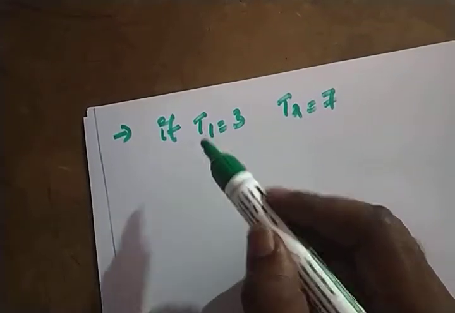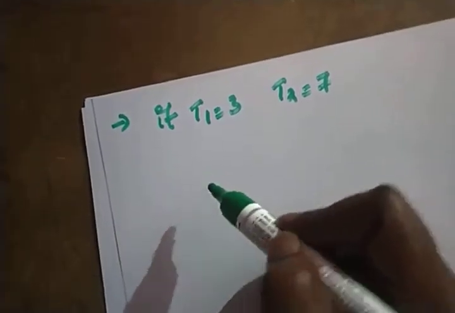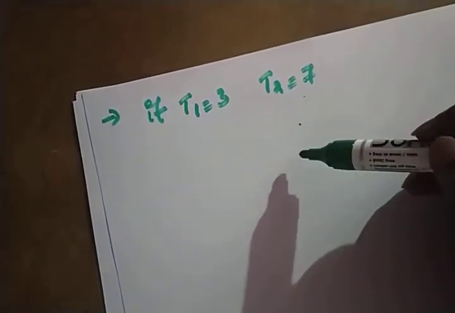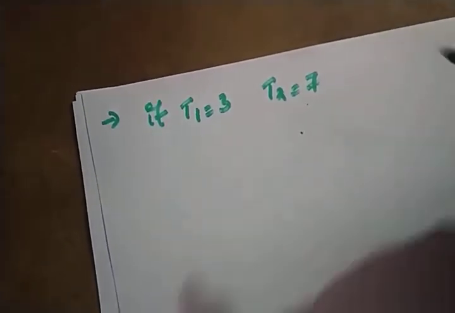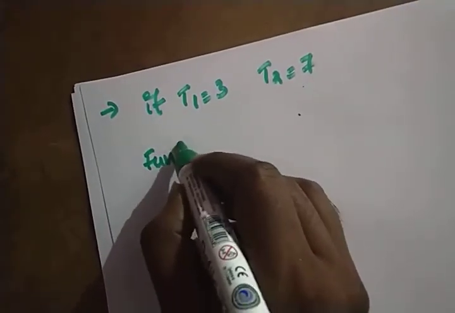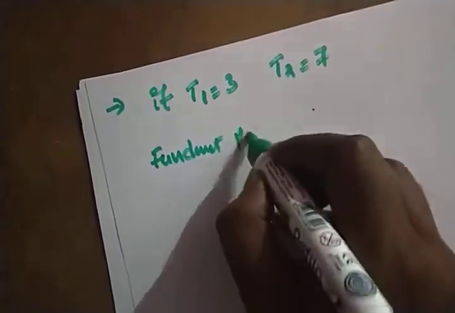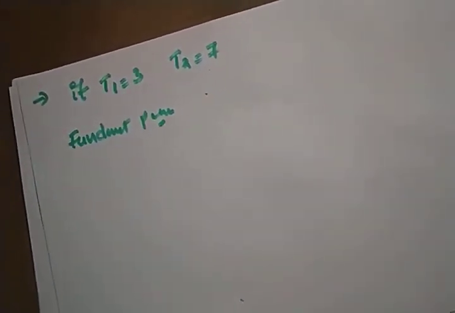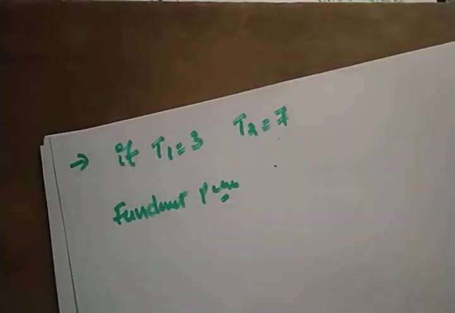From omega you find the frequency, and from the frequency you calculate T1; similarly for the second signal you calculate T2. Then what is a fundamental period? Fundamental period means the lowest value of the time period. So that is called a fundamental period, right?